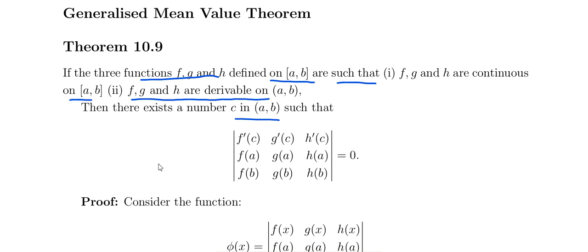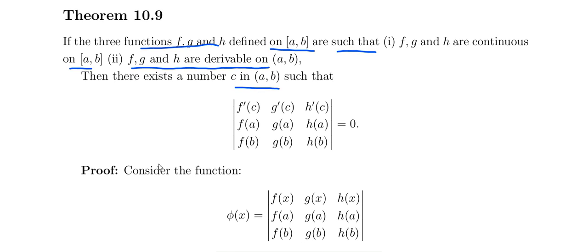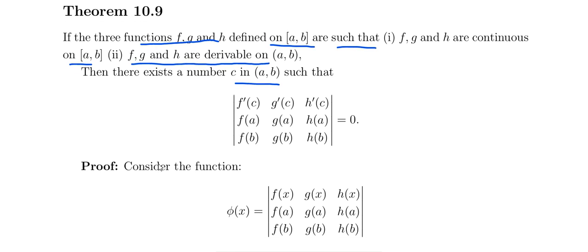Okay, whenever three functions are given, that is the generalized mean value theorem. In the first row only the derivatives come, at the interior point of the given open interval, and the second row is with respect to the function's value at the point a, the third row is the function's value at the point b. The determinant of this equals 0.